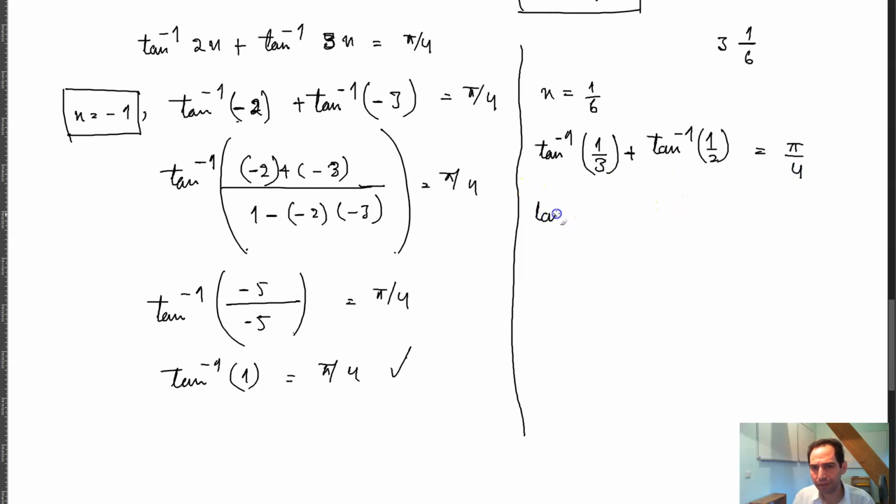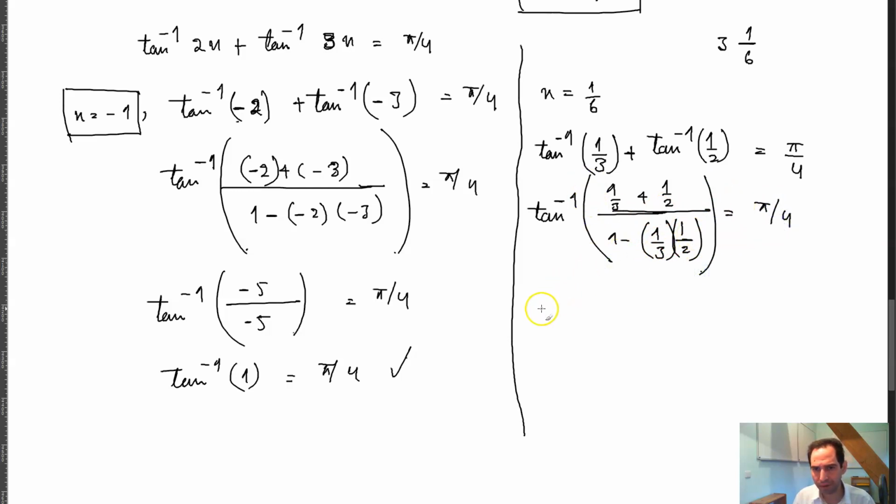And that is equal to the tan inverse of 1/3 plus 1/2 over 1 minus 1/3 times 1/2 is equal to pi by 4. And that means that the tan inverse of 1/3 plus 1/2, which is 6 divided by 3 is 2 plus 3 is equal to 5/6.